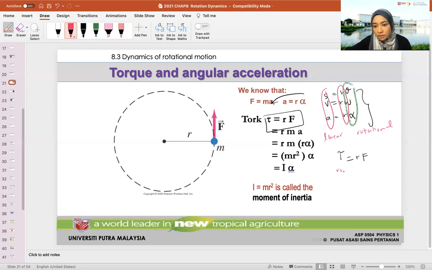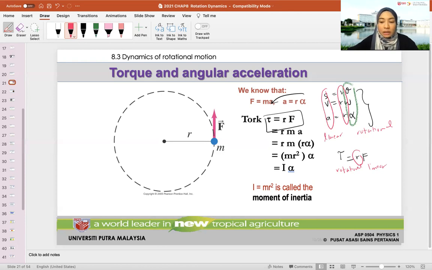This one is your rotational, and it is reversed. This is your linear. It is connected by r, yes, but reversed. So please take note: for s, v, a, the equations are the same, r theta, r omega, r alpha. Only torque is special. By special, I mean it makes things difficult for us.